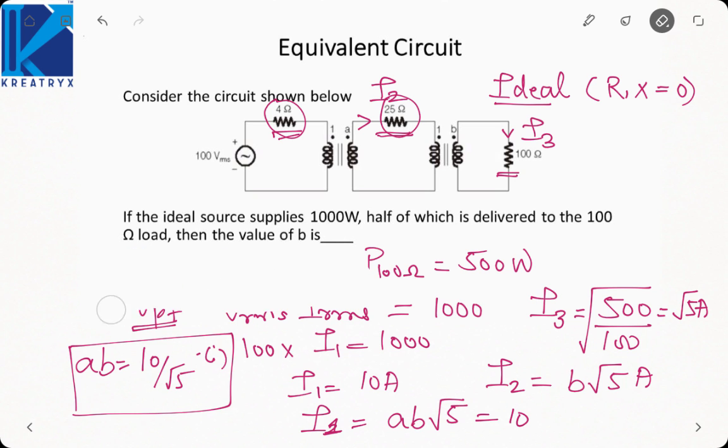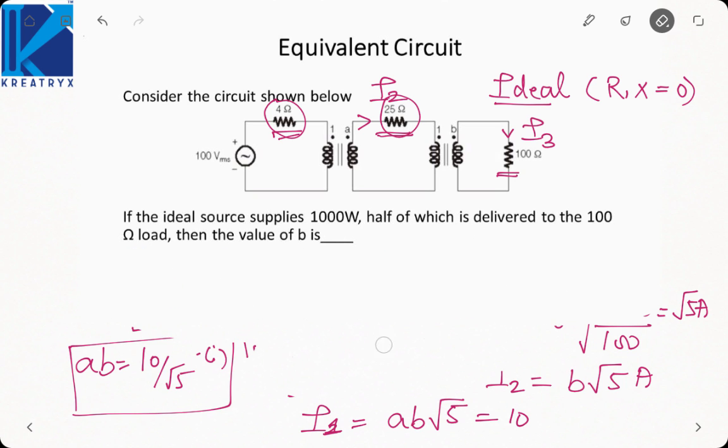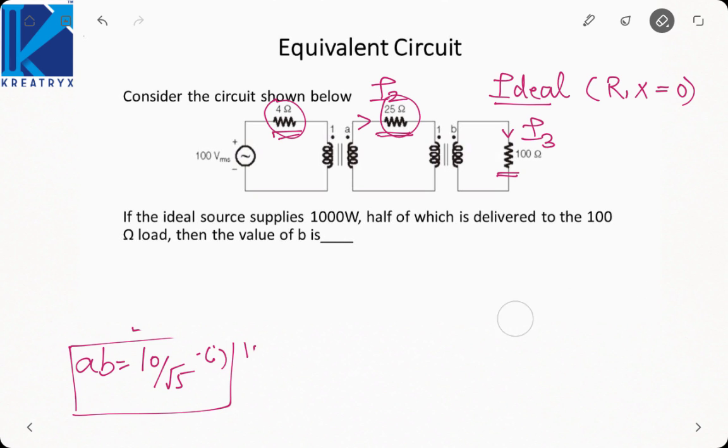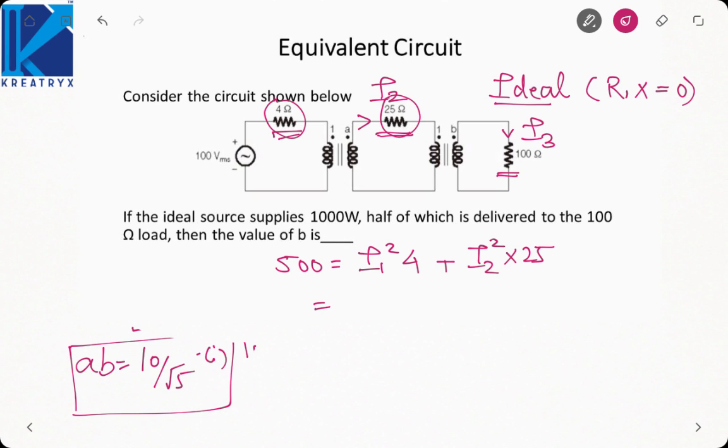So what I do is, I know half of the power is consumed by the 100 ohm, which means the other half is consumed by the two resistances, 4 ohm and 25 ohm, which means 500 will be equal to I1 square into 4 plus I2 square into 25. What is I1 square into 4? I1 was AB root 5, so A square B square into 20. I2 was B root 5, which means 5 into B square into 25. That is 500.